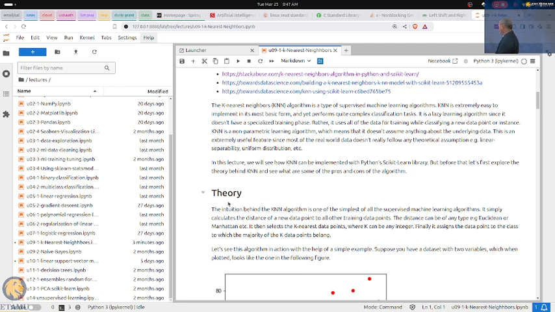Just to jump to the conclusion on that, what KNN does, as the name means, is this: if I want to classify a new unseen point, I need to have some measure of similarity or closeness.